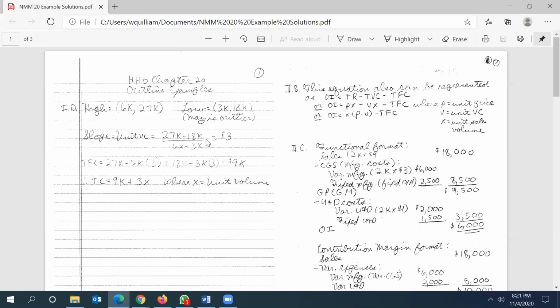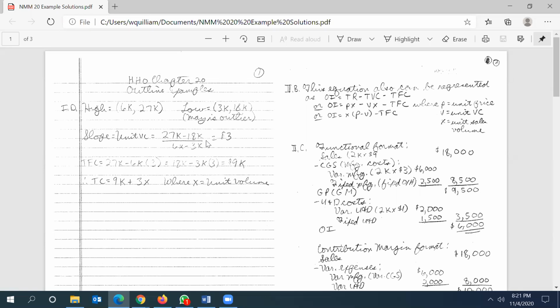The slope. Well, if I take the difference between either total variable cost or, in this case, total cost, the high of total cost is $27,000. The low is $18,000. Sometimes we call that the rise, because that is the difference in the y-axis, how much things go up on the y-axis from $18,000 to $27,000.